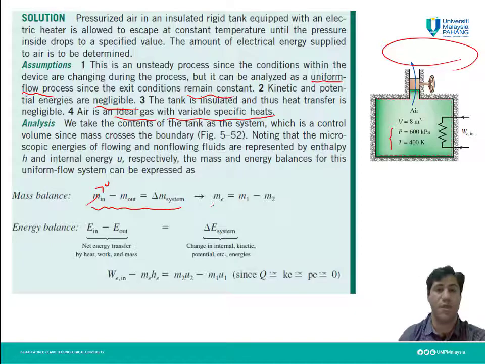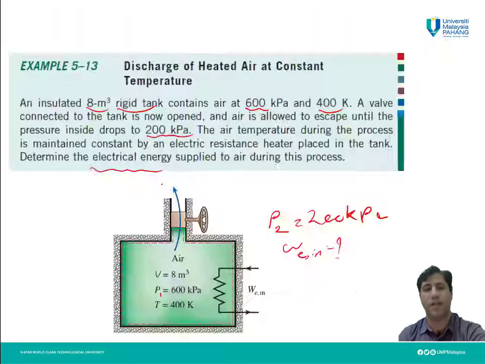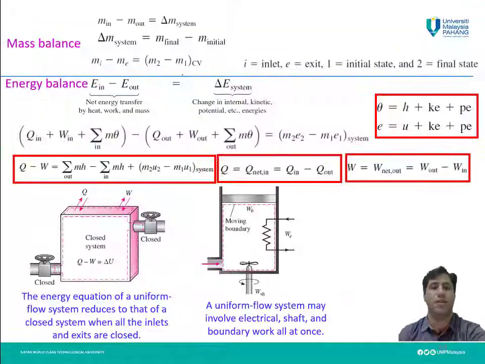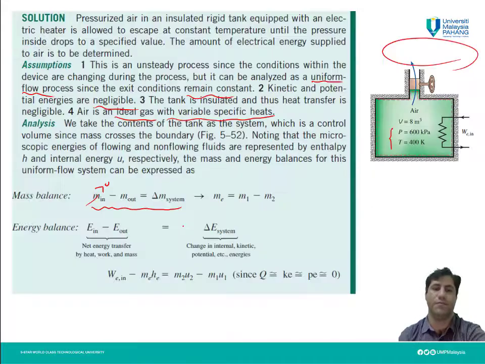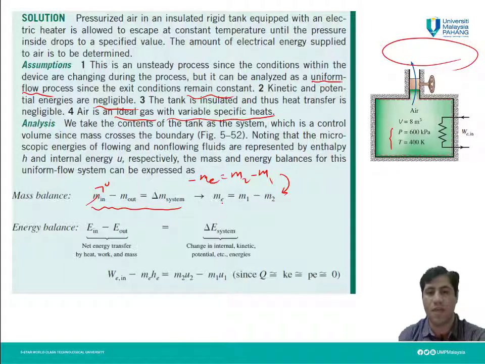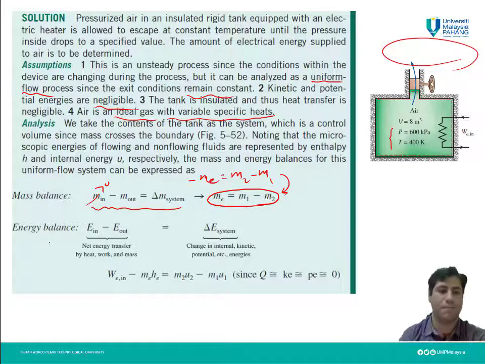And delta M of the system, as we discussed earlier in this equation, if you remember, M i minus M e is equal to M2 minus M1. Here in our example, we have M e. Actually, this equation, if we write, will be like this: M e equals M2 minus M1 multiplied by a negative sign, then it will be like this: M e equals M1 minus M2 by mass balance.